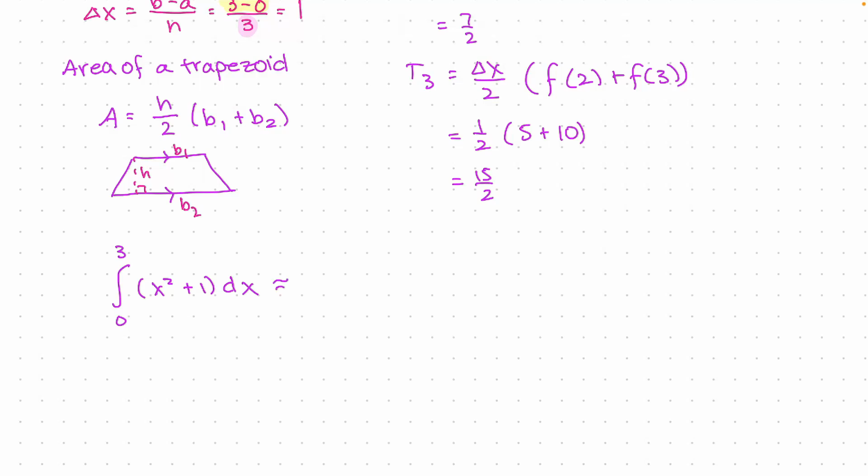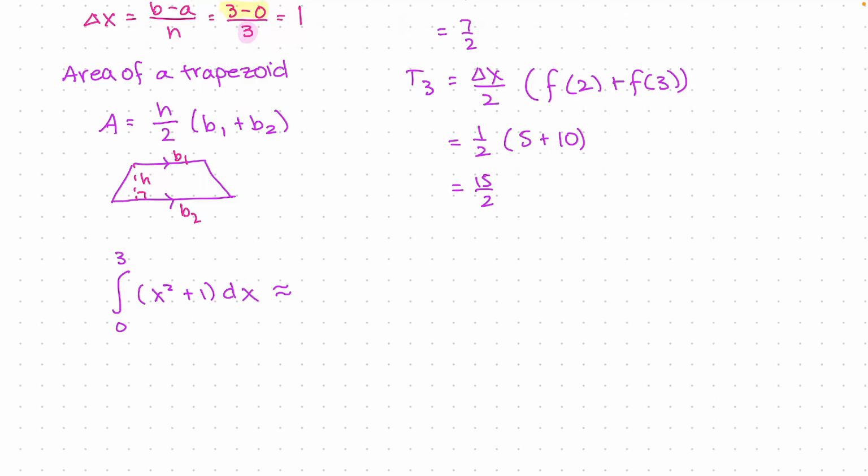We are approximating it with the trapezoidal rule, which in this case is going to be 3/2 plus 7/2 plus 15/2, which is 25/2. So that's our approximation. Ta-da! 12.5. So that's trapezoidal sum. Any questions about that?